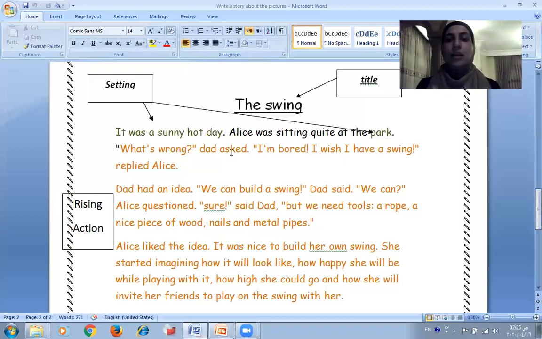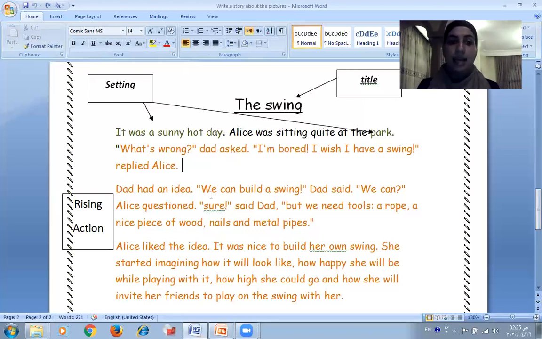And here, I used reporting verbs like asked because it's a question, replied because he asked her and she replied. I could have just changed it into said. I can, because this is something that Alice said, but it's better to have replied. It's nicer. It makes your piece of writing perfect and very interesting.